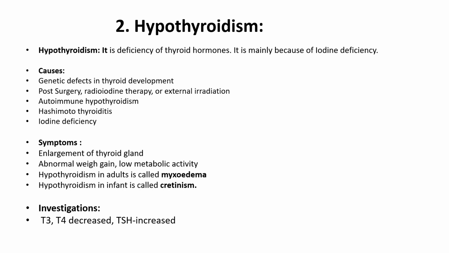The symptoms are enlargement of the thyroid gland, abnormal weight gain, low metabolic activity, dryness of the skin as you can see in this picture, high cholesterol level, poor concentration and memory, muscle weakness, generalized fatigue and unexplained weight gain. Investigations show T3 and T4 decreased and TSH increased. Hypothyroidism in adults is called myxedema, and hypothyroidism in infants is called cretinism. These two conditions we will see in detail in the coming slides.